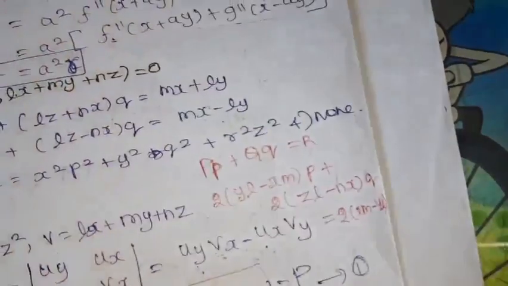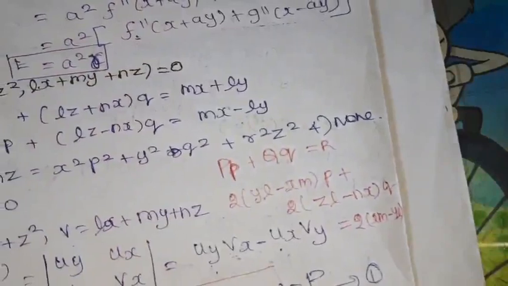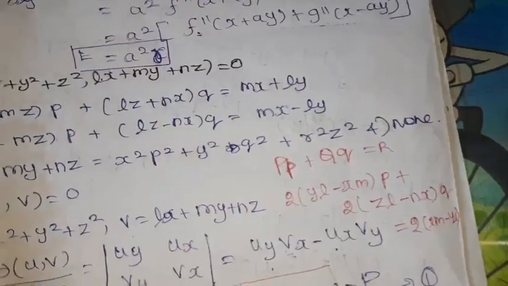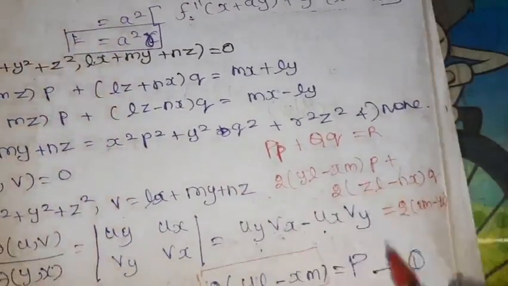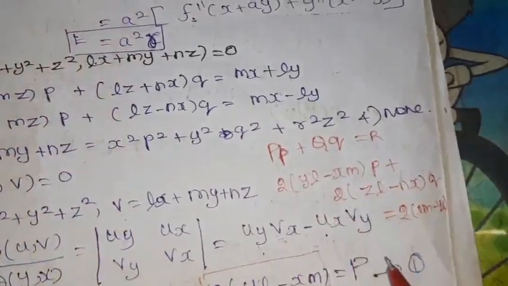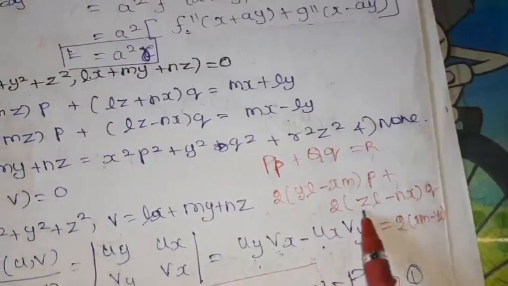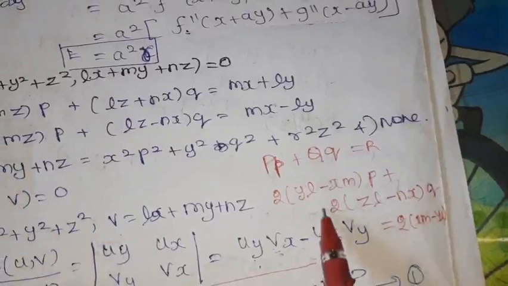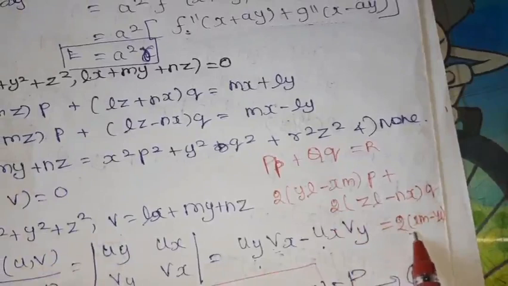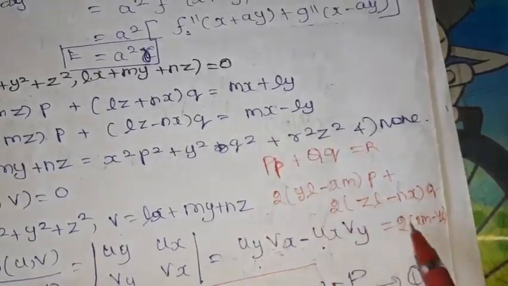So here what we will get, cancelling the 2 from all of these, lz minus nx, signs are changing, mx minus ly, right? mx minus ly, 2 will go when all are in multiples of 2.